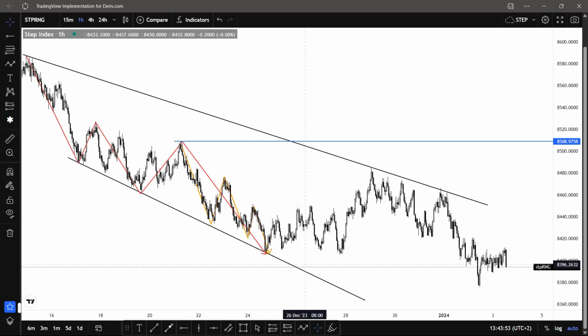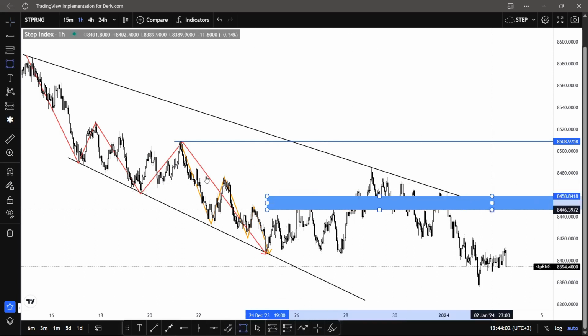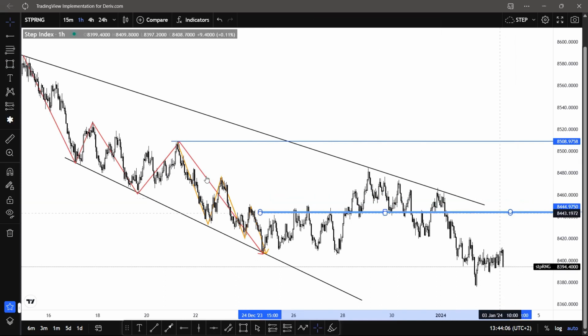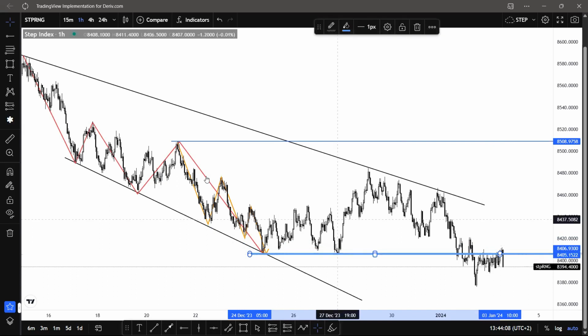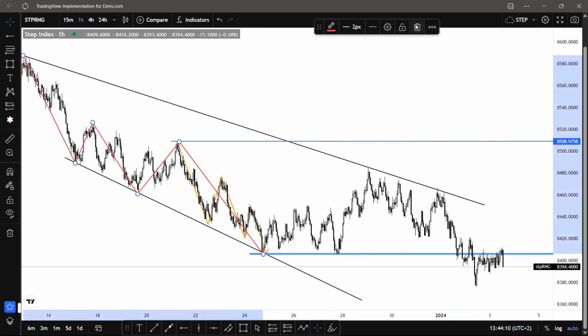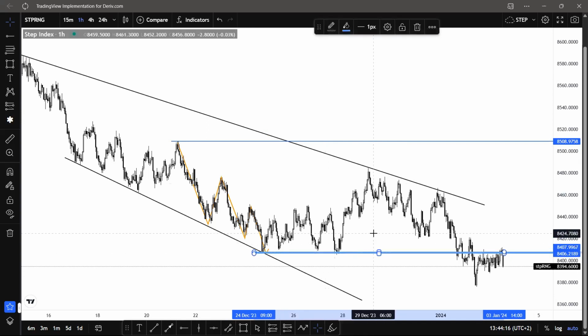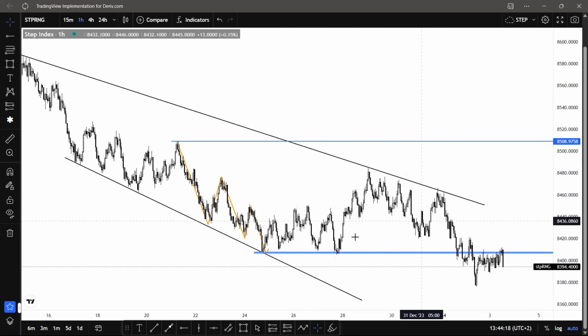Okay, so going to be using this box, right about there. So now we don't need this one, can remove that. This is what I'm saying, we're still yet to break that below officially.